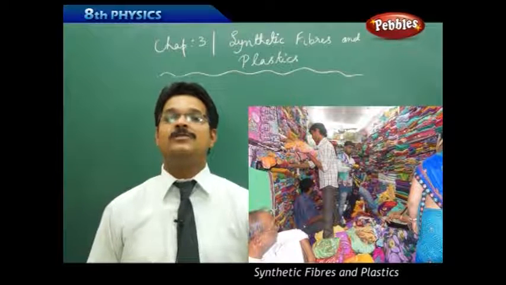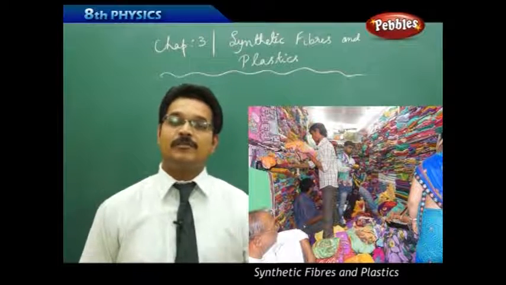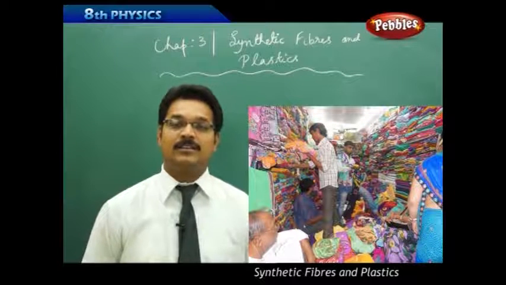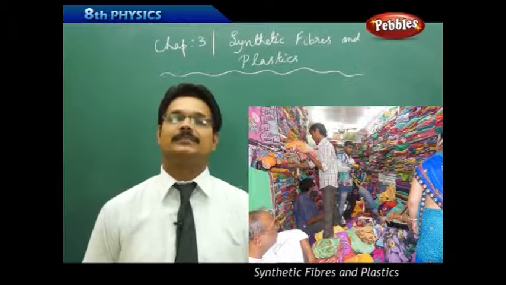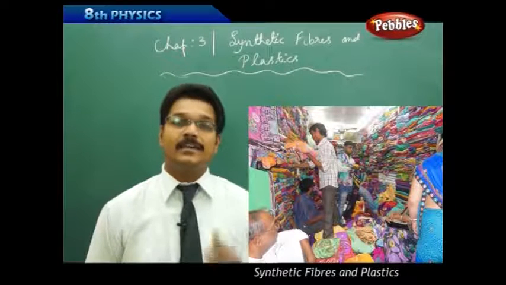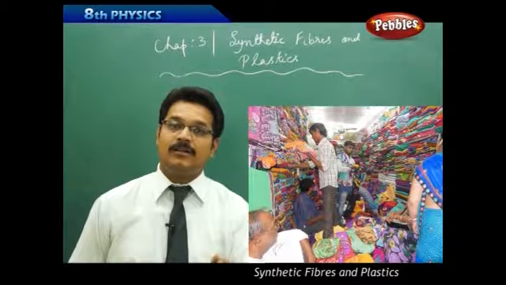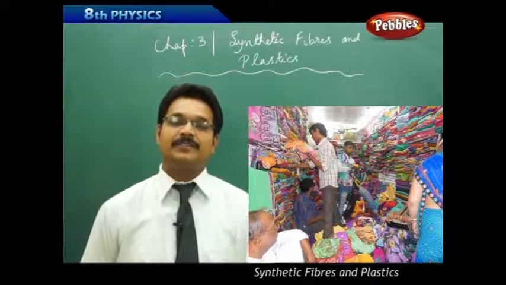If you go to a women's wear showroom, the salesperson will show you many varieties of women's wear, as well as many varieties of saris, like silk sari, cotton sari, fabric sari, blending saris.